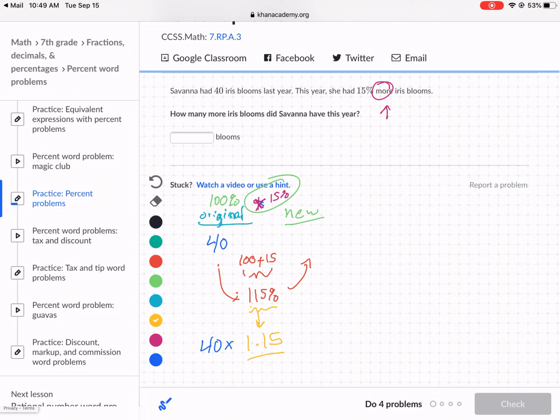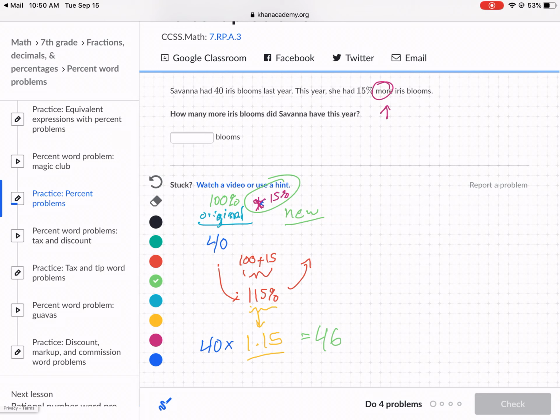It's 1.15 times bigger than the original. So that's why we multiply. Times means multiplication. So what do we get if we multiply 40 by 1.15? We get 46. So this year, how many more iris blooms did Savannah have this year?